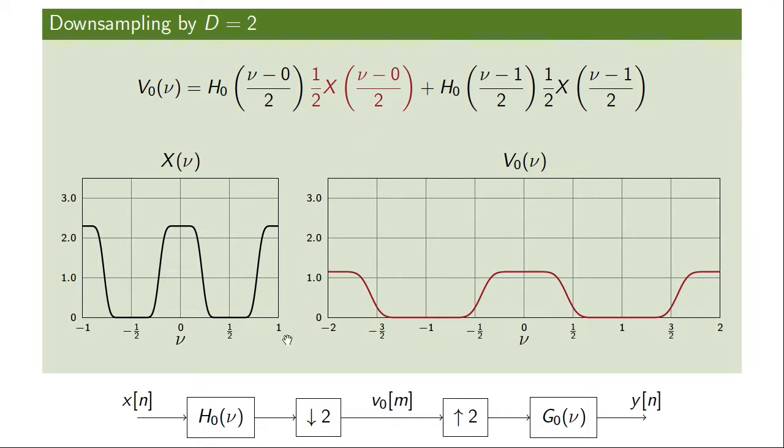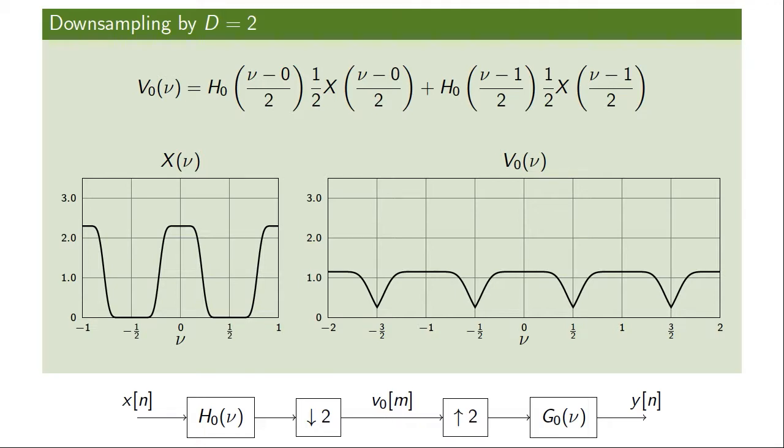But since we applied the low-pass filter, we will not observe all of these frequencies in that part of the equation. So this low-pass filter will remove frequencies in a range, like this. Then we have a second part to the equation, which is this frequency shifted version, which will fill in the blanks. So if we include that, we get this part, and adding them up as before gives us the complete discrete time Fourier transform for the sequence or signal v0 of m, which has half the rate of the previous one.